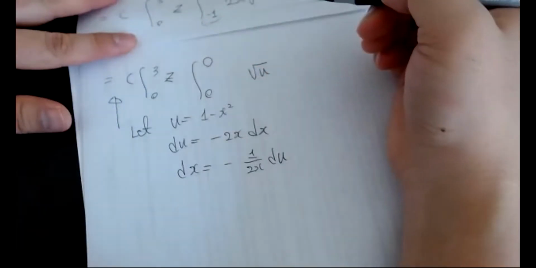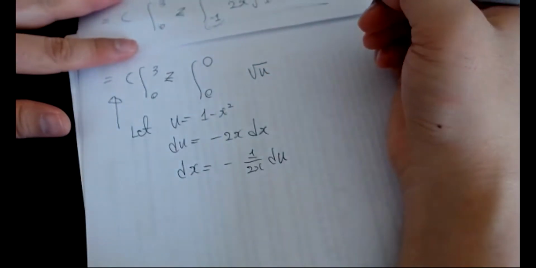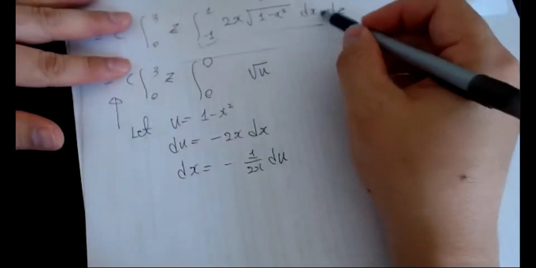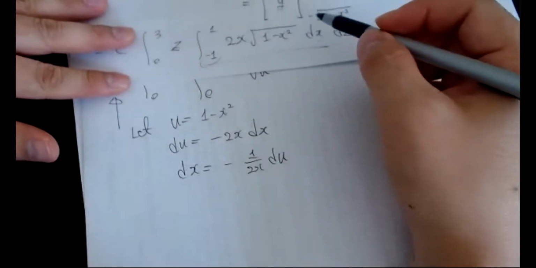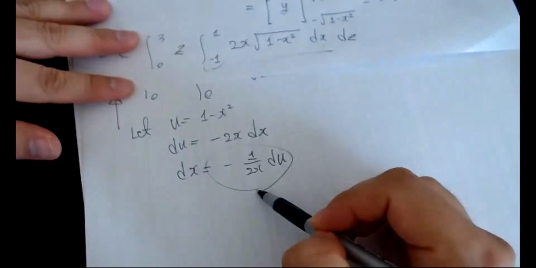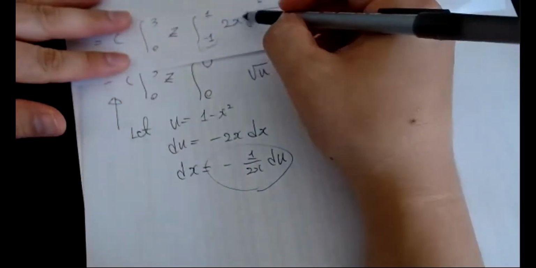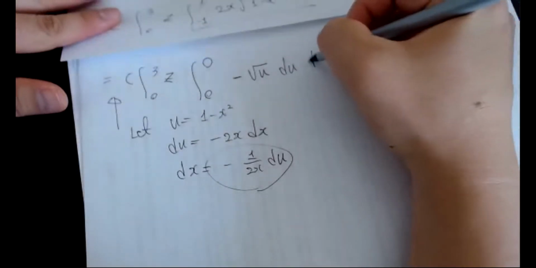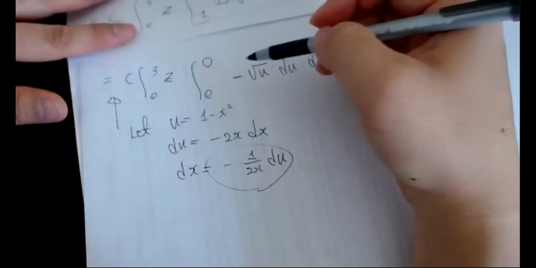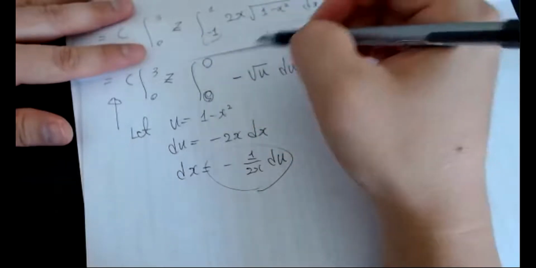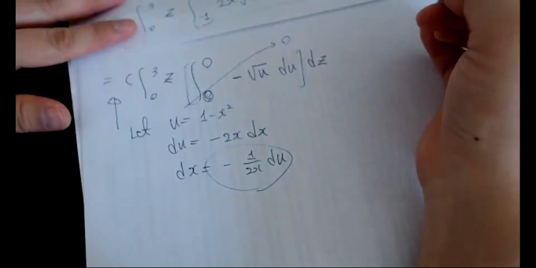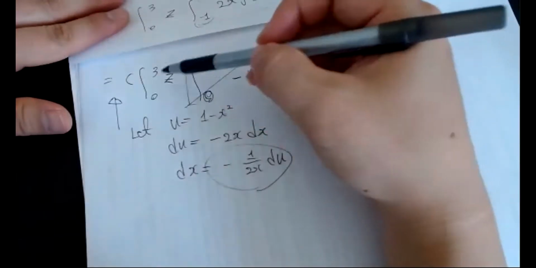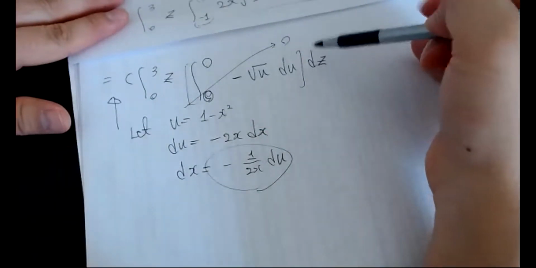And when we replace dx with this one, the negative 2x is going to be gone. We get a negative sign and then du, and then dz. So since the lower limit and upper limit are both 0, that integral is just going to be 0, right? Then the integral of z times 0 dz, so this is 0.